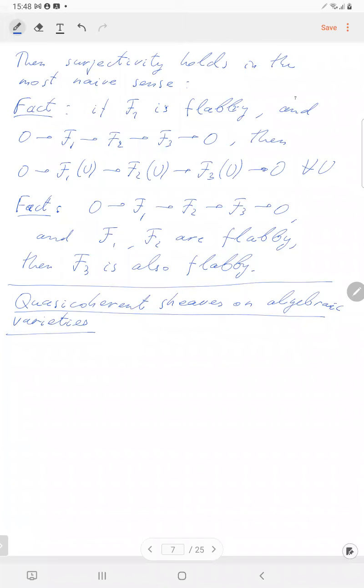Okay, so we start with the only sheaf we have so far, OX, and now we'll consider the sheaves of OX-modules.